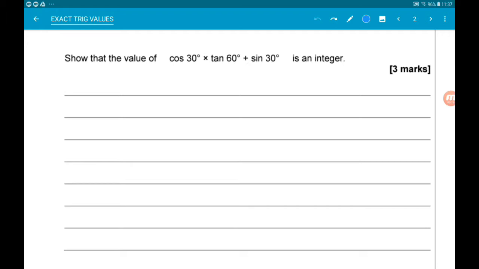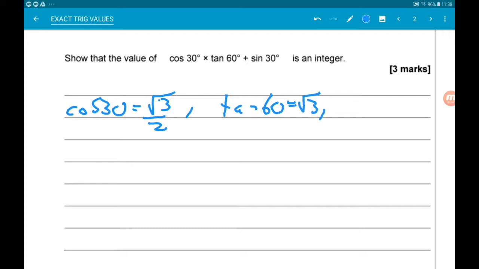So, cos of 30 is root 3 over 2. Tan of 60 is root 3. And sine of 30 is 1/2.